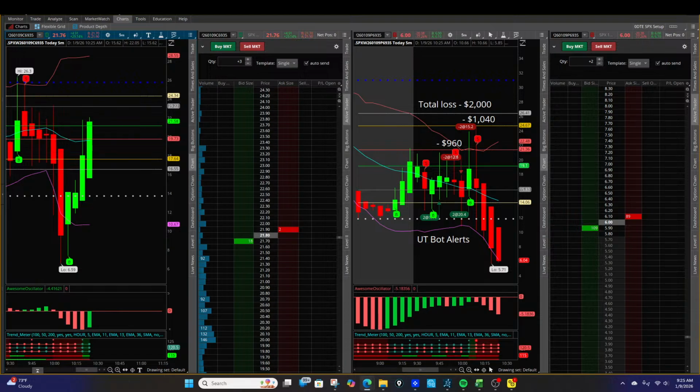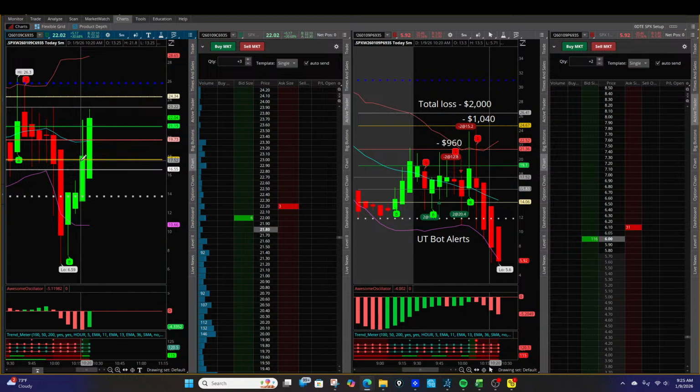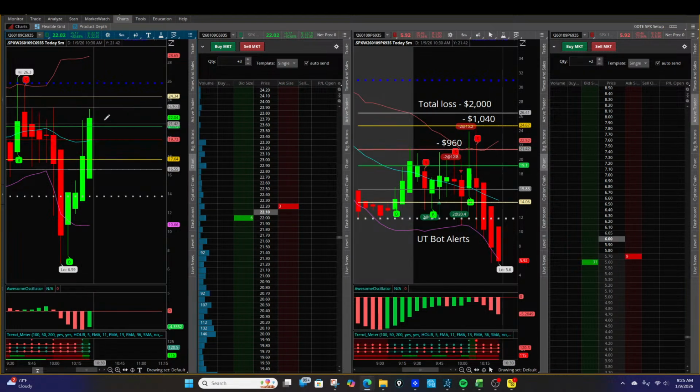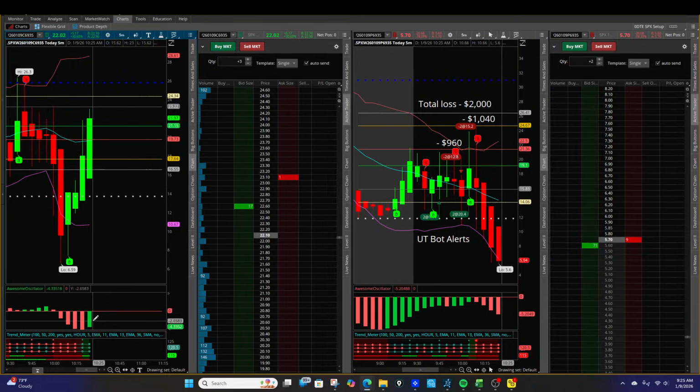So we've clearly gone through the green resistance line. We're plowing through it. We're getting ready to go to the gray one. And we've got a green bar here, finally.